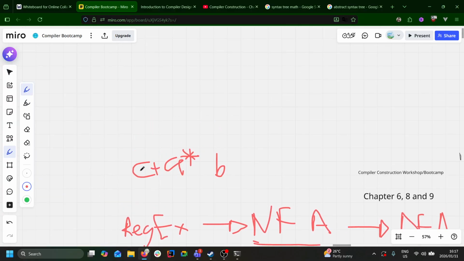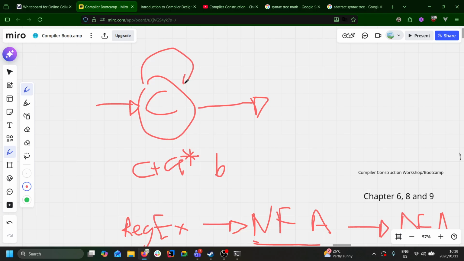In general, you can draw the DFA straight from your head. Let me try that over here.